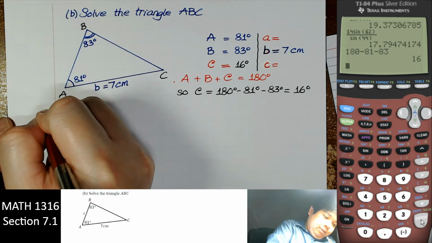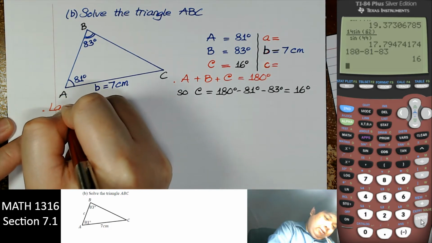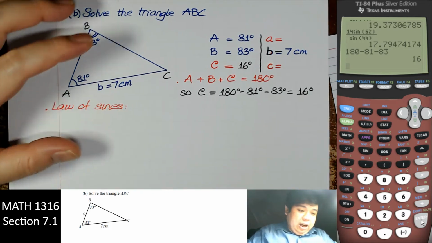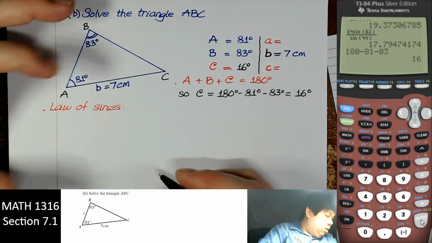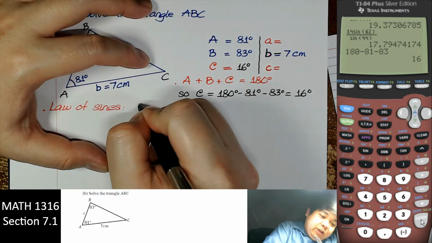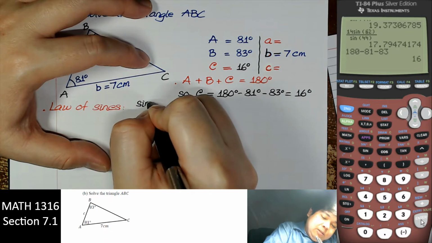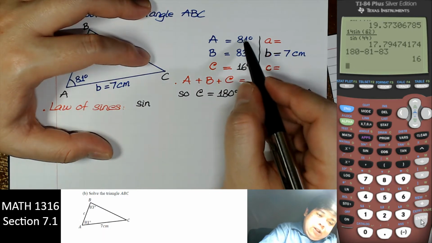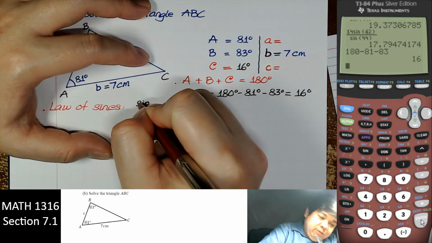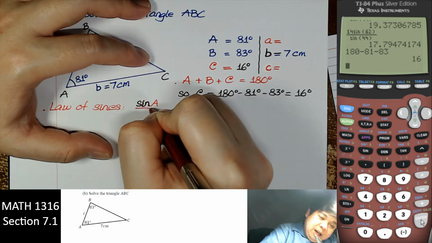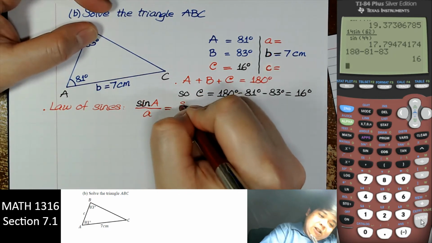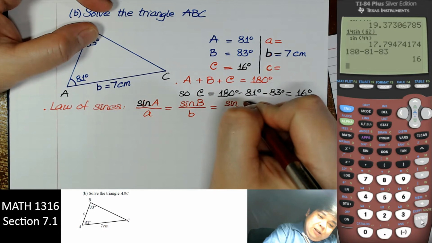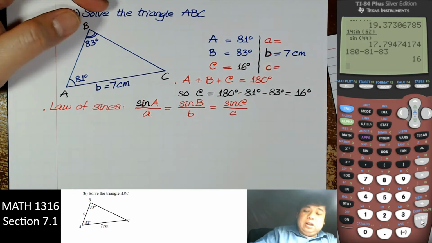Right. Just going to write out directly without writing the law of sines again. Now let's just write the formula one more time. Sine A over little a, sine big B over little b, sine big C over little c.